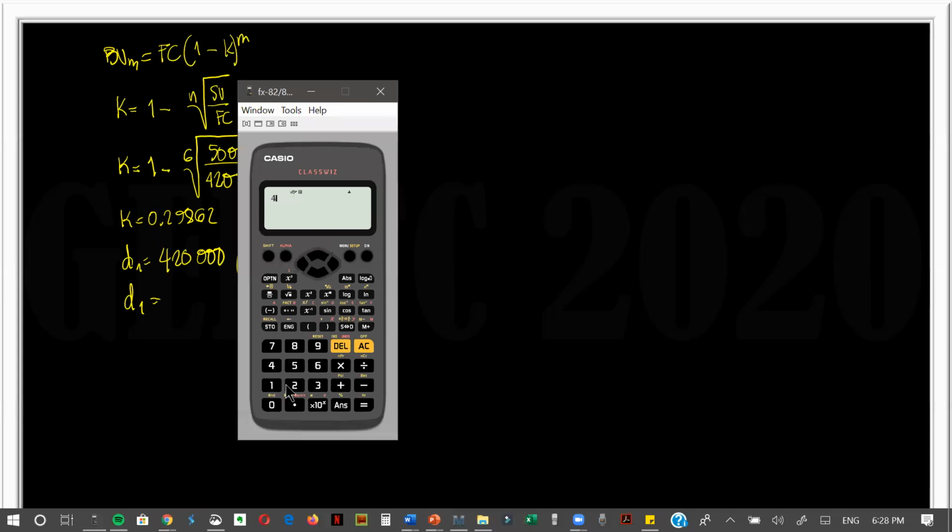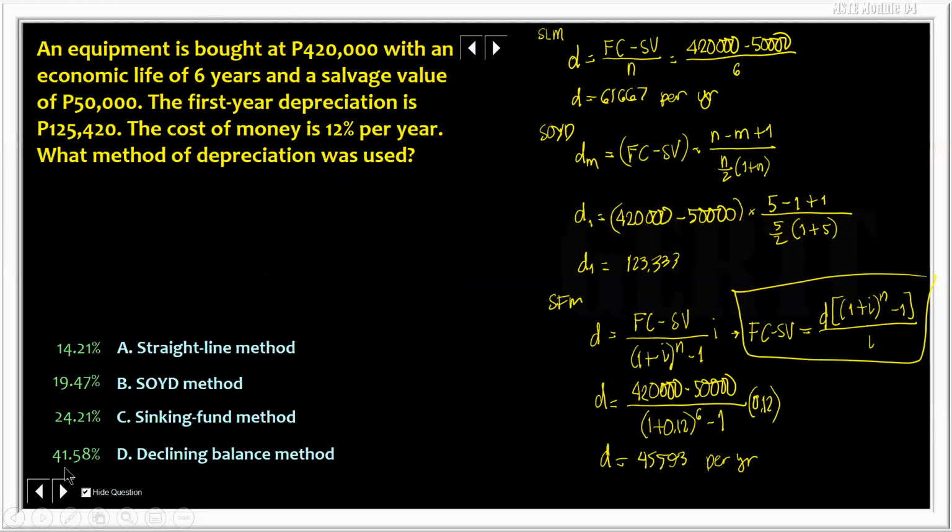So D sub 1 is equal to 420,000 times A, or that k. So it's 125,420. And yes, that's the same as the given first year depreciation. So this is letter D.